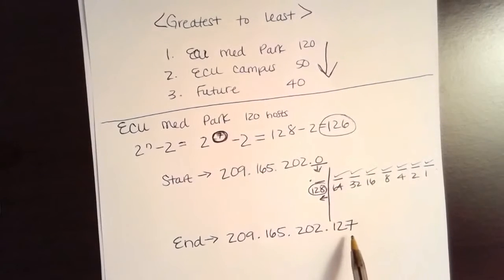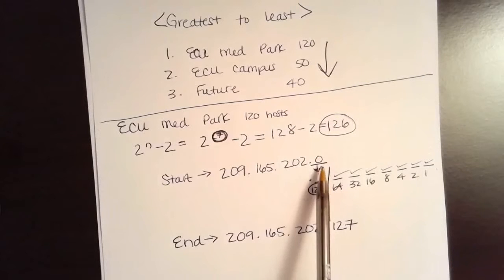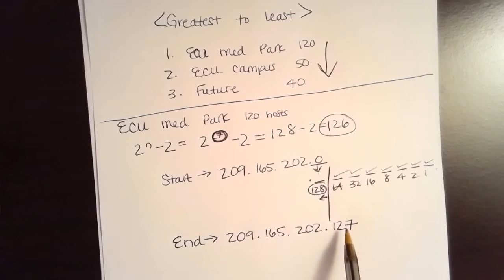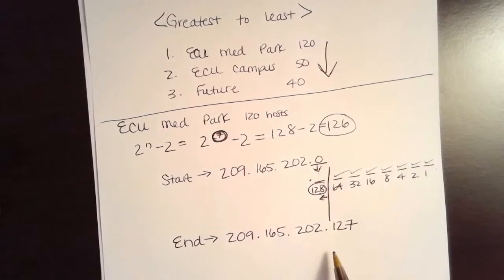Now, most people would think that that's going to be 128, but it's not. Because if you include that 0, that is 128 addresses from 0 to 127. You can also think about it like the start of your next subnet, which for the ECU Campus one will be .128.